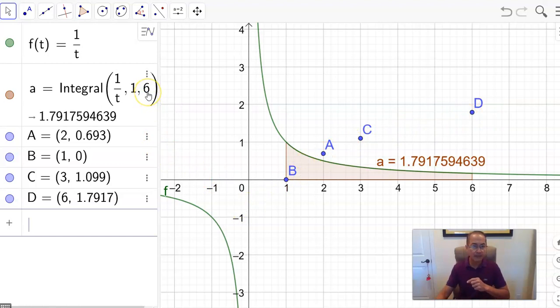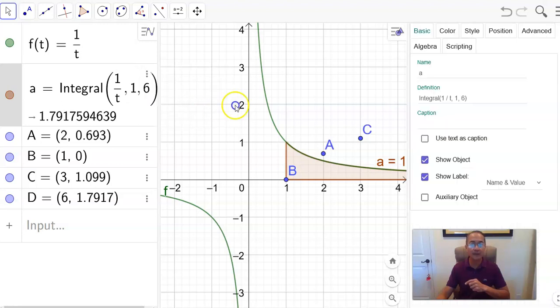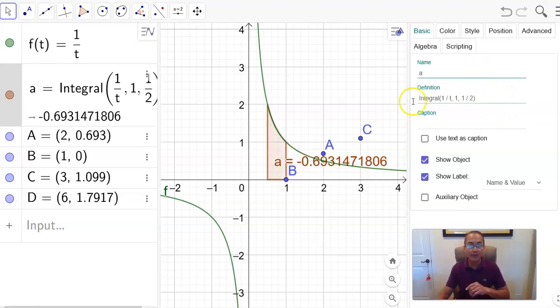Now we said, if our upper limit is smaller than 1... Are we there yet? Let's just go to settings. Then we will change that to 1/2. And what are we going to get? Ooh, negative 0.693. Oh, wait a minute.